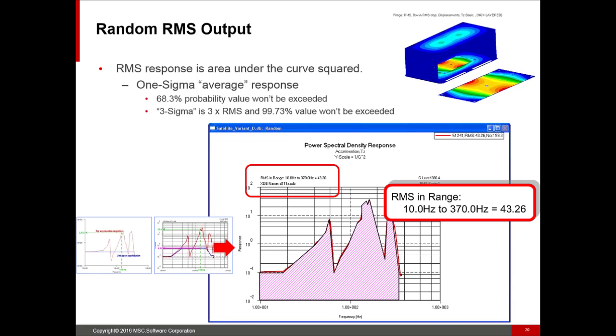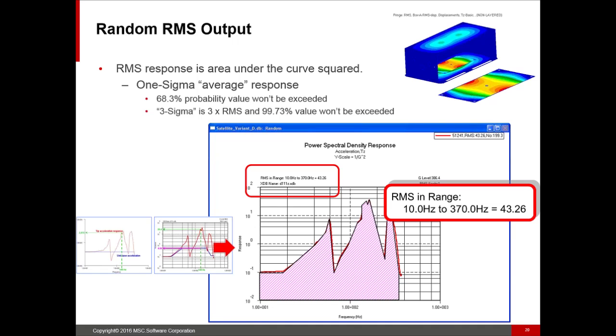So this is where we will get our 1 sigma stresses, displacements, and accelerations. 1 sigma, from a statistics standpoint, means a 68.3% probability we won't exceed that. That's okay, but we'd like to get a little bit better chances. So we'll use 3 sigma, which is relatively common, and that gets us to 99.73%. That number varies, it could go higher or lower, but do keep in mind that the output it's giving you by default is only 1 sigma, so that's not all that great.